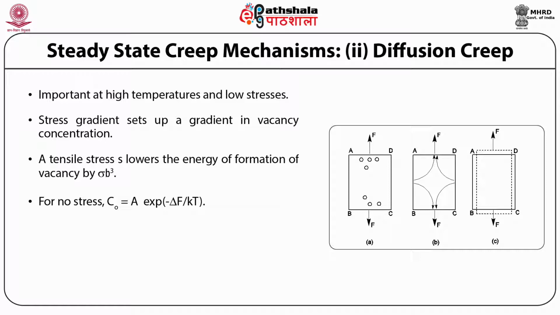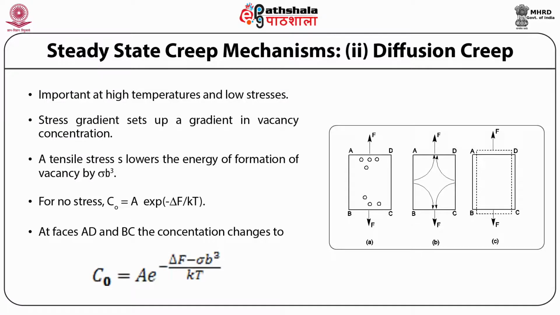So for a grain under the stress as shown in this figure, this changes the concentration of vacancies at the faces AD and BC to C equal to A multiplied by exponential of minus delta F minus sigma b cubed, by kT.